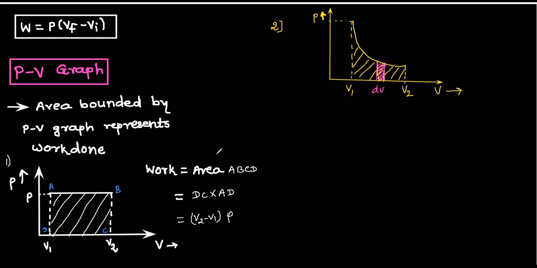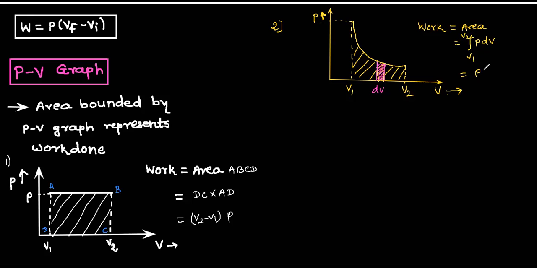Got it? Now, how to find the work done here? Can I write like this? Work is equal to P into dV. Here I should integrate PdV from V1 to V2.